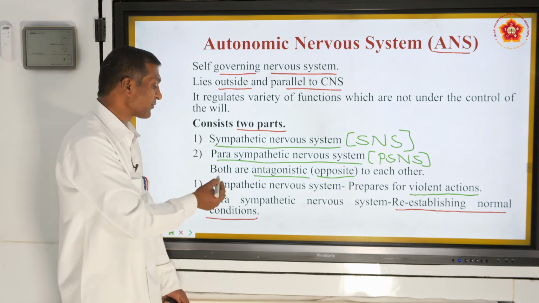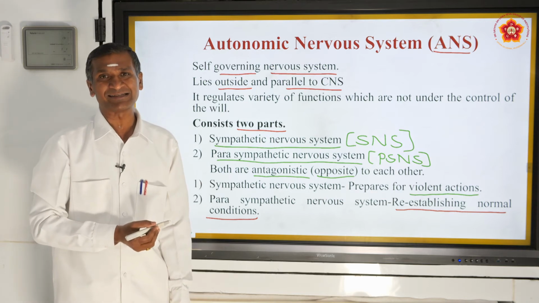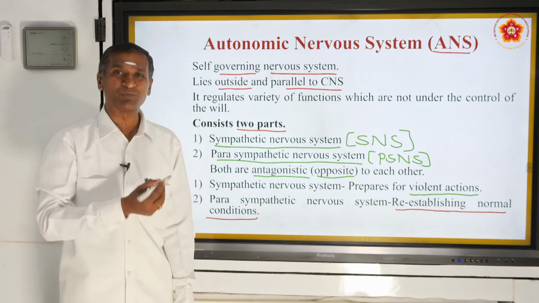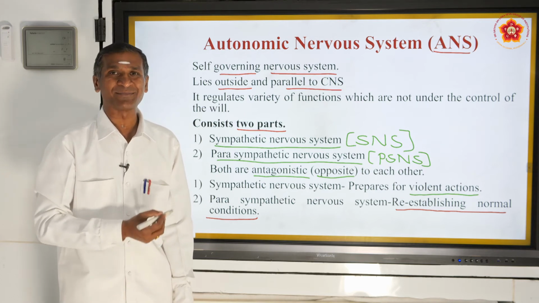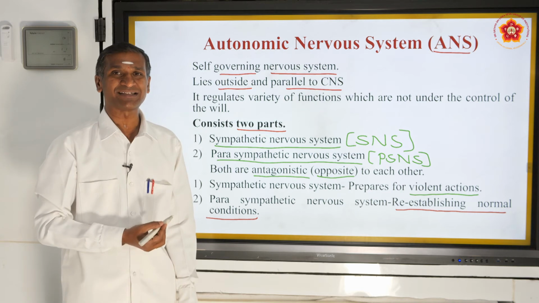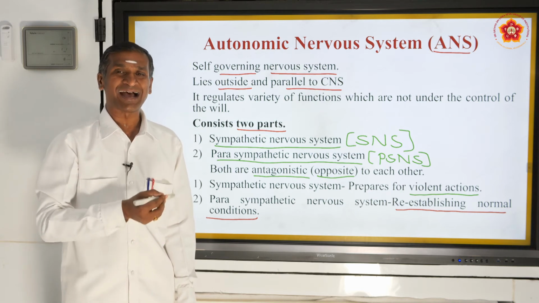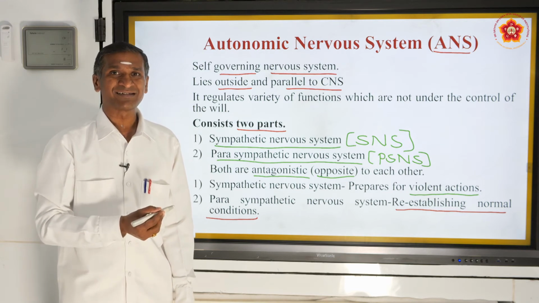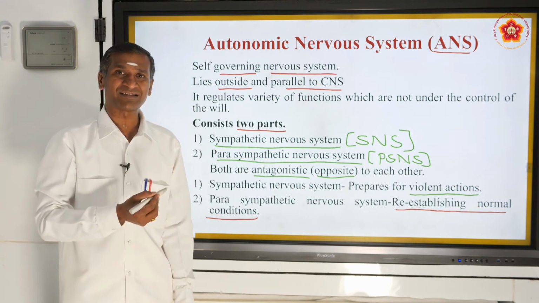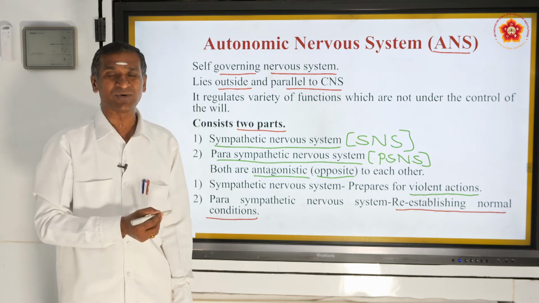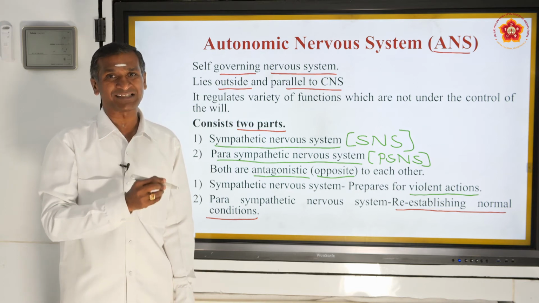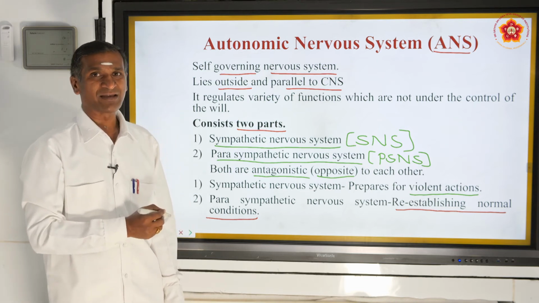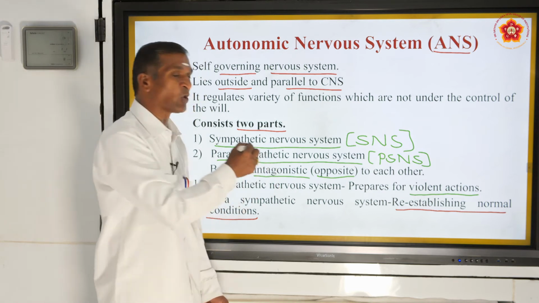So both are going hand in hand, and both must go hand in hand, because our chapter only tells us control and coordination. You should eat sweets. You should cooperate with the sweets by eating them also. But there should be a limit. That is control. So control and coordination, how they are antagonistic.